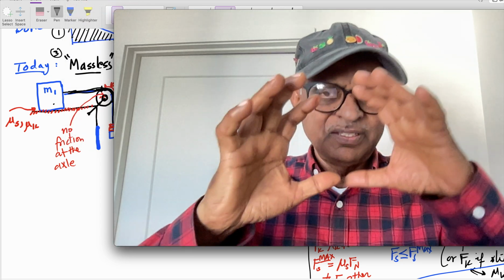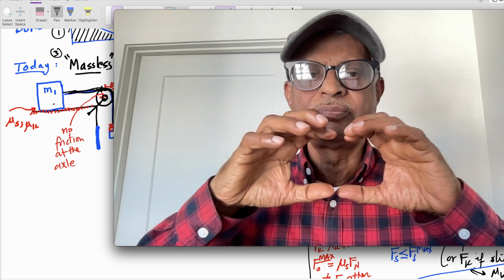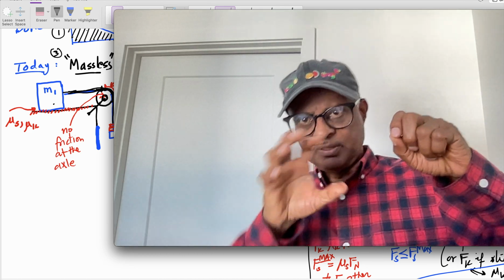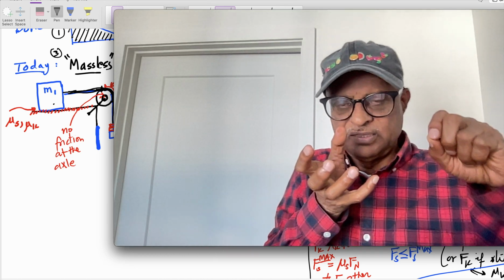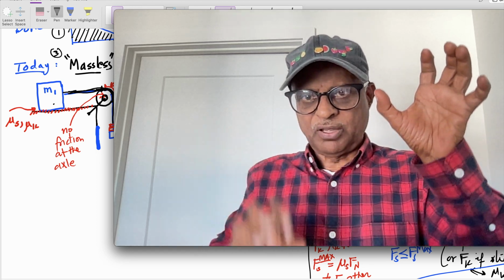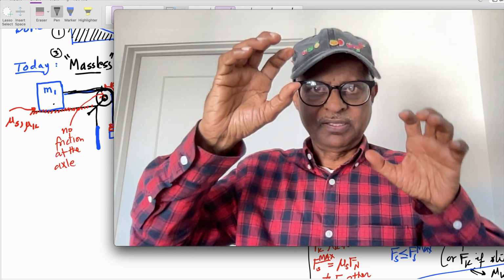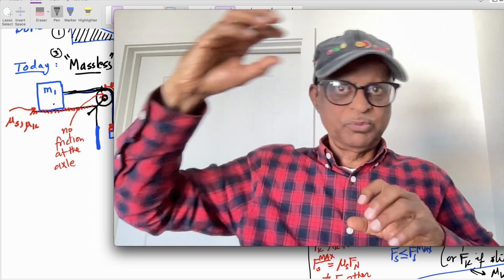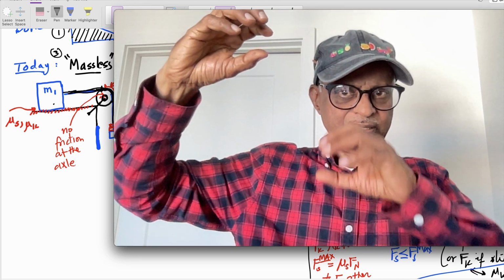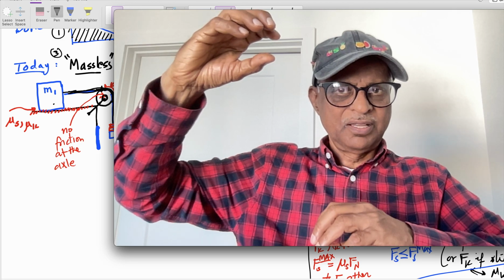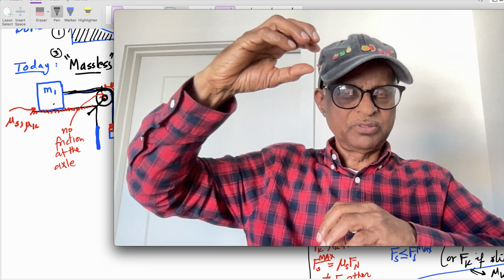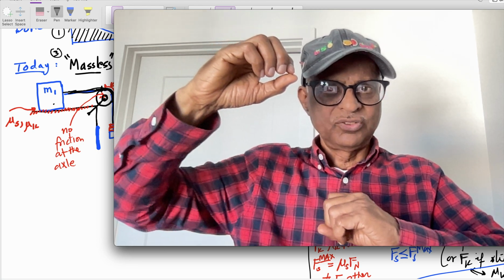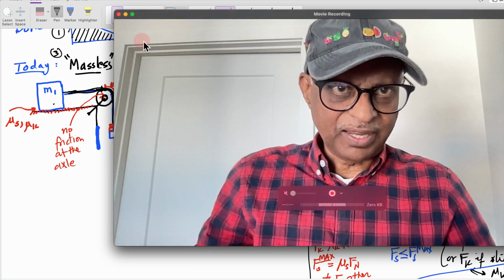So I'm going to say, if the string can slide without rotating the wheel, then the motion of this block and this block will be completely decoupled. This one goes up and down, and this one moves by a different amount.